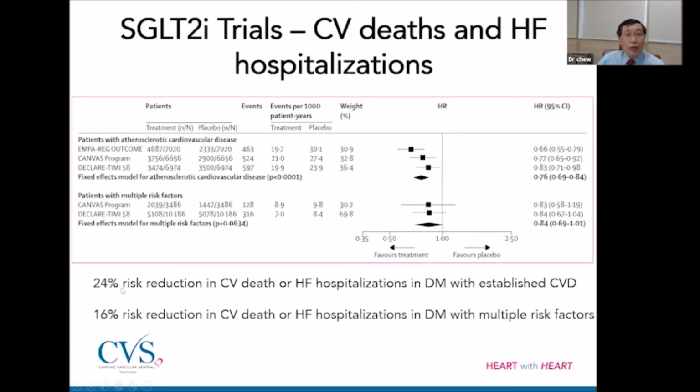There was a 24% reduction in the risk of CV death or hospitalizations in diabetics with established cardiovascular disease, and a 16% risk reduction in patients with diabetes with just multiple risk factors.